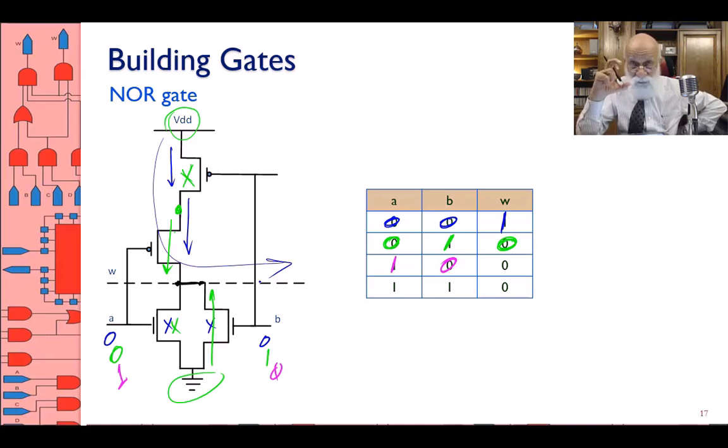Okay, there's two series transistors. Both of them have to conduct. If you want to put a 1, one of them is not conducting, so that's not going to happen.